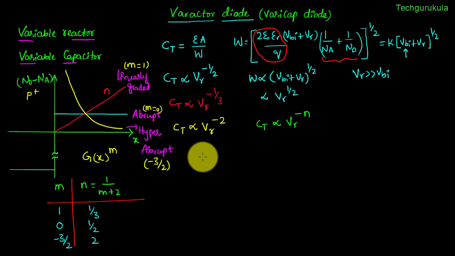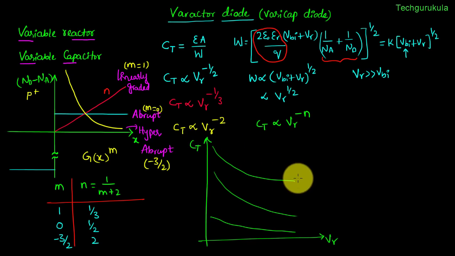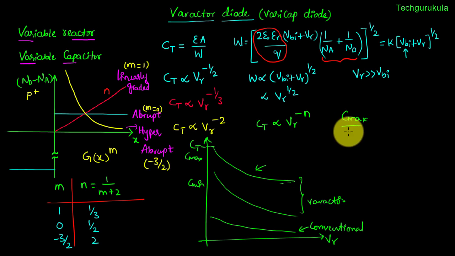To understand this better, let me take some graphs. I'm taking 3 different plots for 3 different diodes. Let's say this is for a conventional PN junction diode, and these are specific to, let's say, a Varactor. The Cmax to Cmin ratio of a Varactor diode is very important to look at.